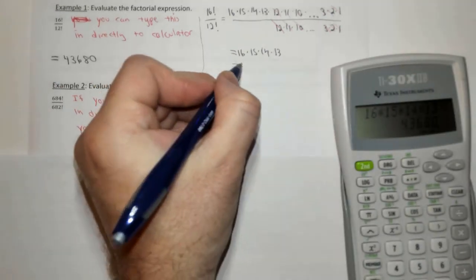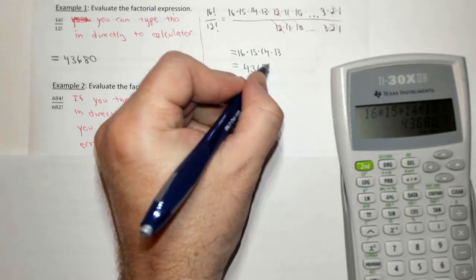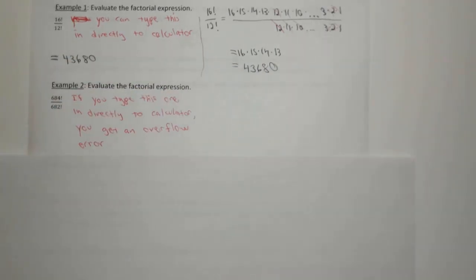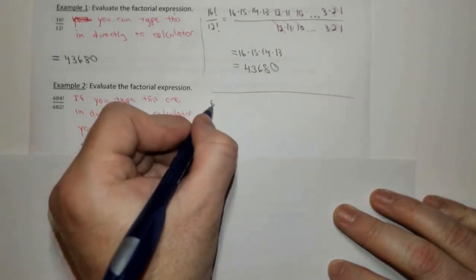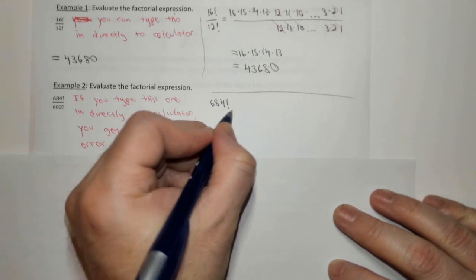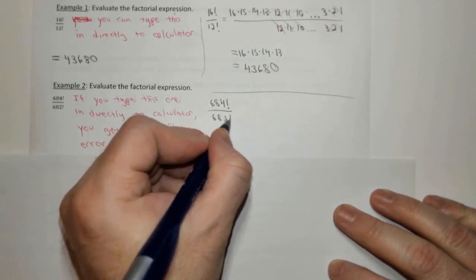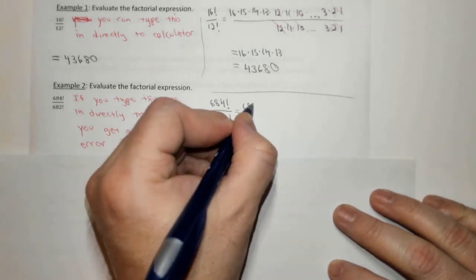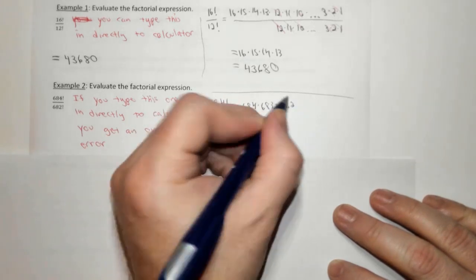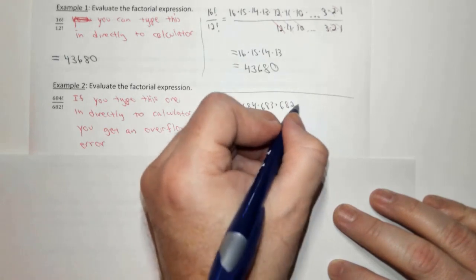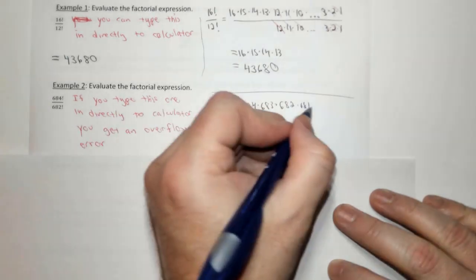So it works. Of course, if it works for one example, it doesn't mean it works every time. But I feel like in order to convince you it's going to work here, I wanted to show you that easier one. Well, let's do that on this one. 684 factorial over 682 factorial. That's 684 times 683 times 682. All the way down, 681. We don't have to do very many.